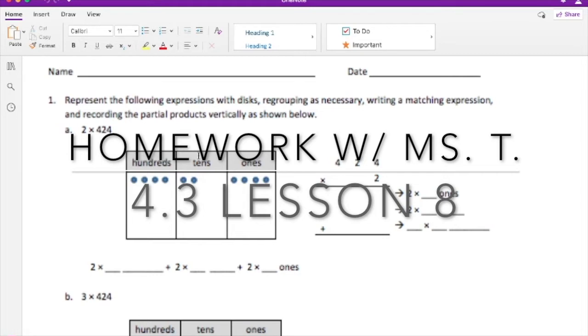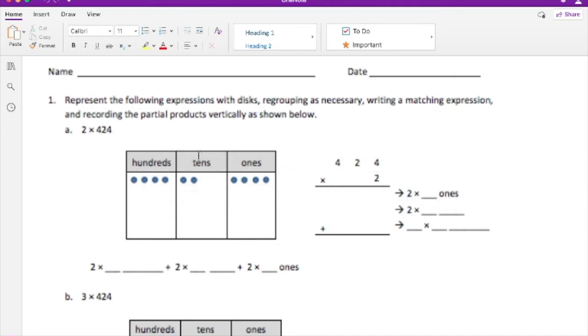So you'll see both ways, and I'm also going to incorporate partial products. So this says represent the following expressions with discs, regrouping as necessary, write a matching expression, so we're going to do that as well, and record partial products vertically as shown below.